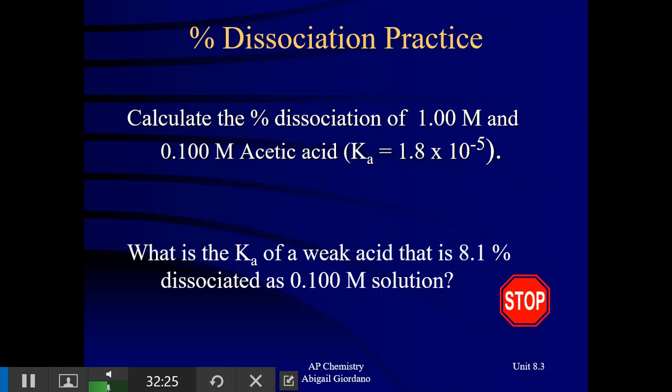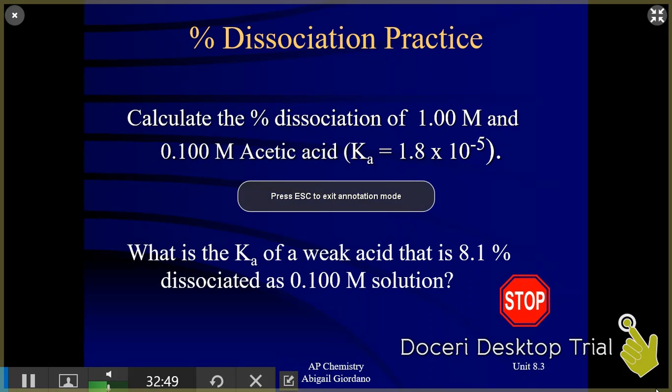So what I would like for you to do is to pause the video and try this one on your own. This one is a little bit backwards from what we have done, because this time I'm giving you the percent dissociation, I'm giving you the initial molarity, but I am not giving you the Ka. But ladies and gentlemen, set it up the exact same way.